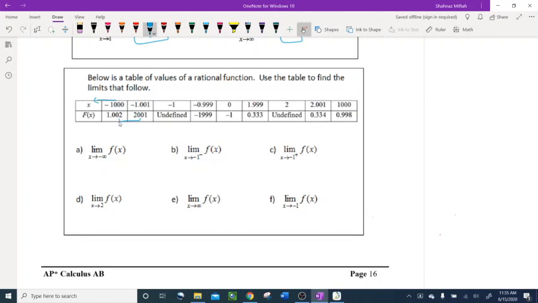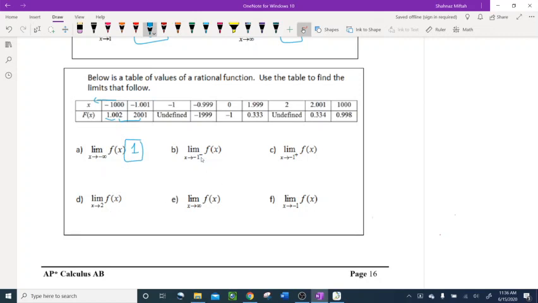But it's decreasing. It's not going to positive infinity. If the numbers were switched, like this was 1.002 and this one 2001, then I'm increasing and going to infinity, a huge number. But this is not going to infinity. It's decreasing, 2001 to 1.002. So you pick this last one and round it up, it's 1.